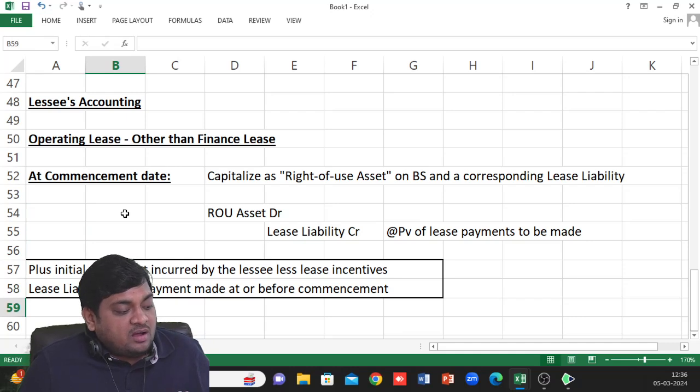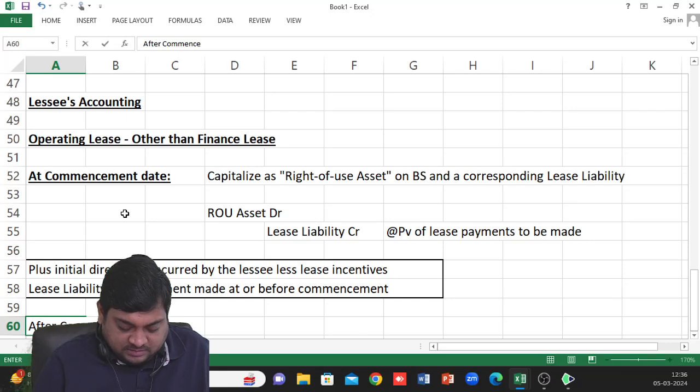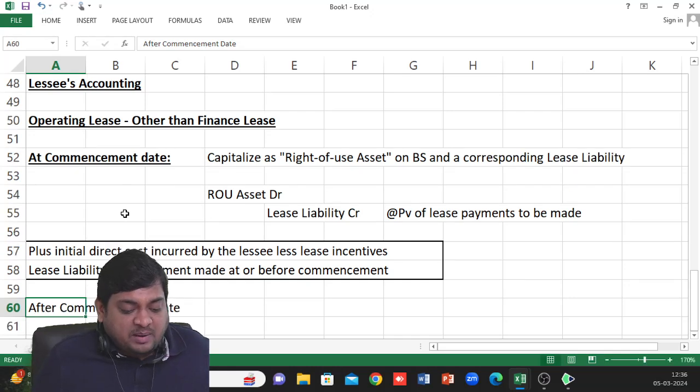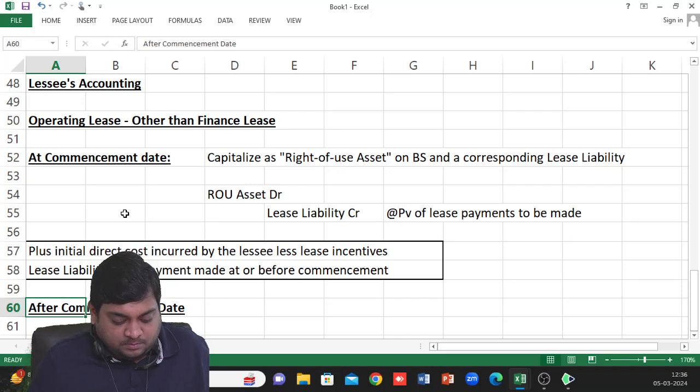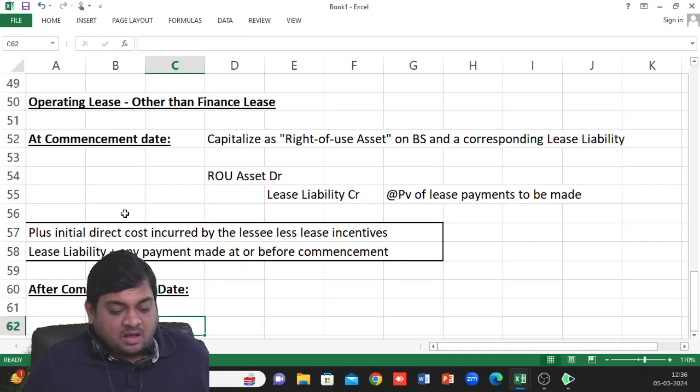Now, after the commencement date, there are two entries that I have to pass. Every time a lease payment is due after the commencement date, what will happen?